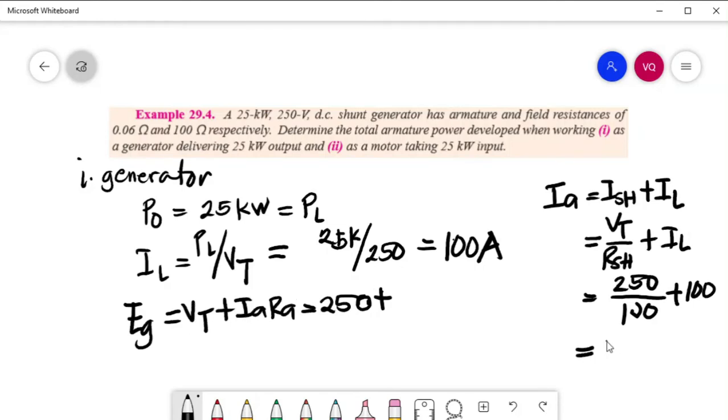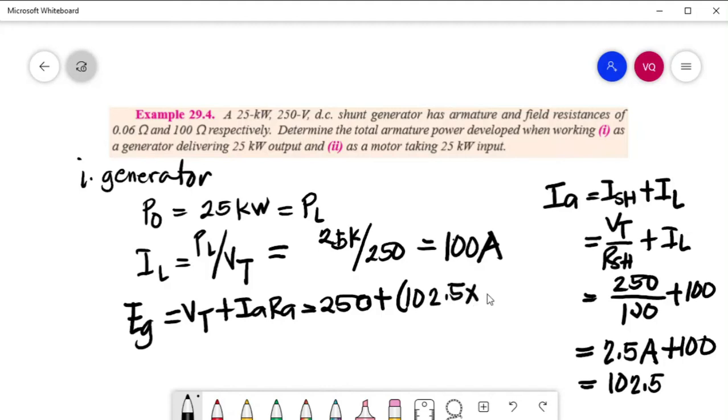This is equal to 2.5 amperes. So 250 plus 2.5 plus 100, that is 102.5, times RA, which is 0.06. That is equal to 256.15 volts.